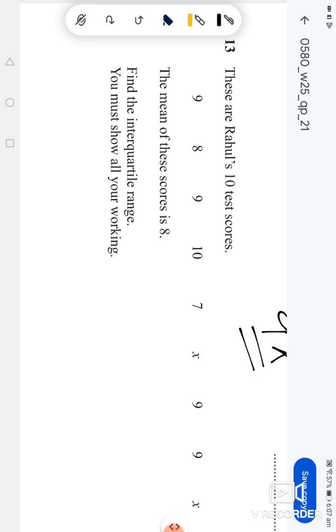First find out the mean. So 9 times 4, 36. 36 plus 10, 46, 46 plus 9 and plus 8, and 7, 68. 68 plus 2x equal, this one is 8 and total is how much? 10.